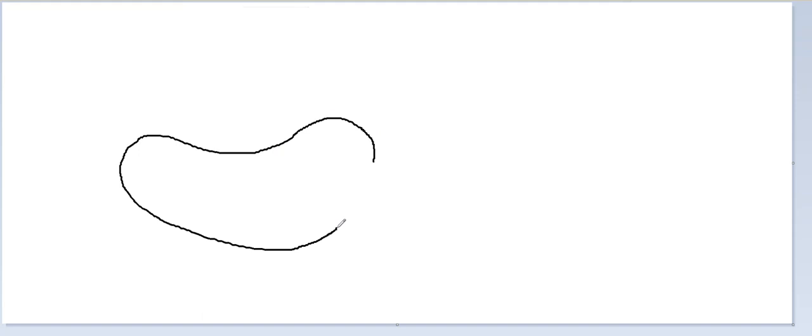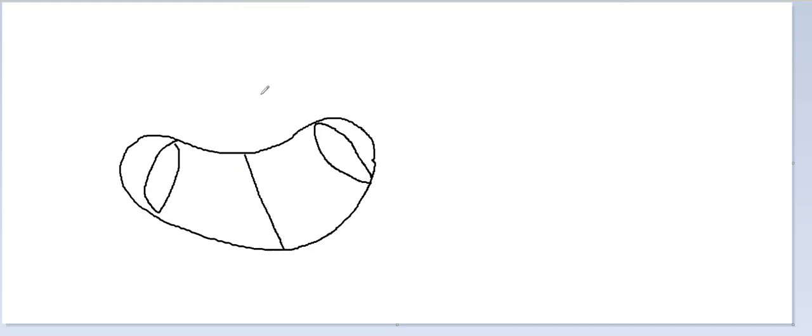Let's say our D is of this shape, for example, a three-dimensional object like this.